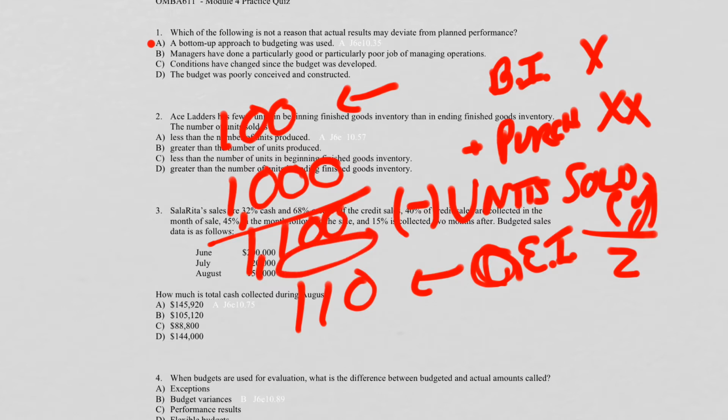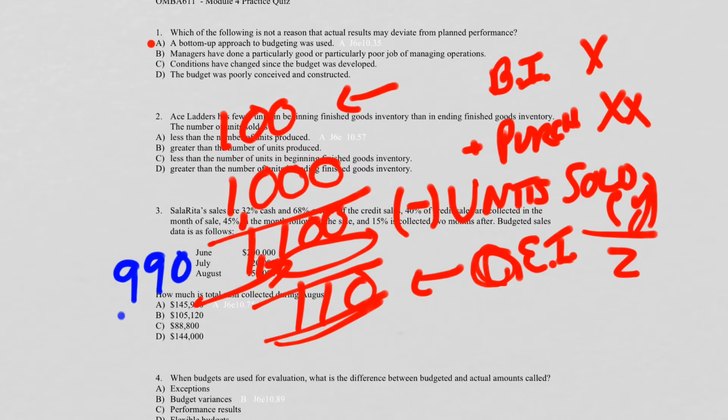I'm going to write this out one more way in a second. In order to get to 110 as our answer, the amount that we have to subtract would be, in this hypothetical example, 990 units. I'm going to do this one more time so you can see it better.